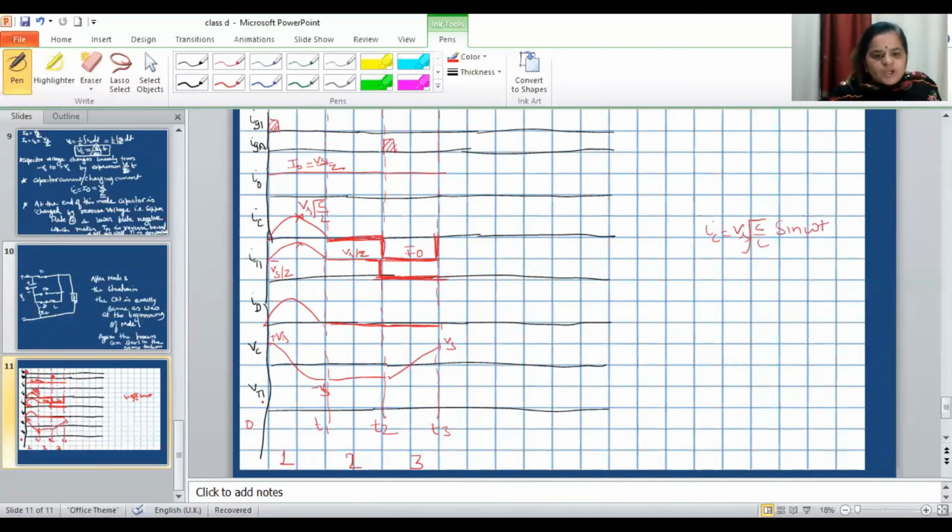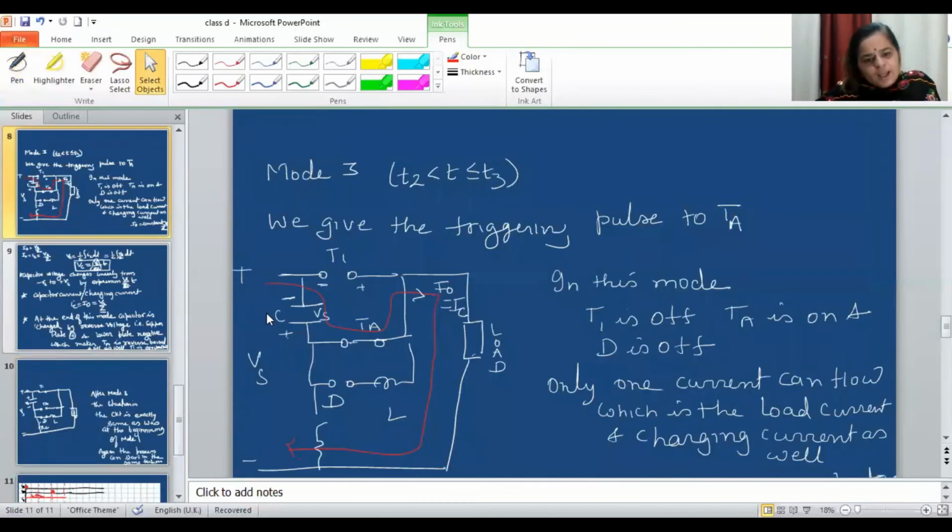Okay. Now what is VT1? In mode 1 VT1 is conducting, so short circuit. In mode 2 also it is conducting, so short circuit. In mode 3, the way the capacitor voltage changes, in a similar way through TA short circuit is appearing to T1. So why is T1 off in mode 3?